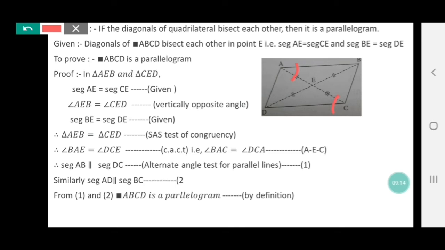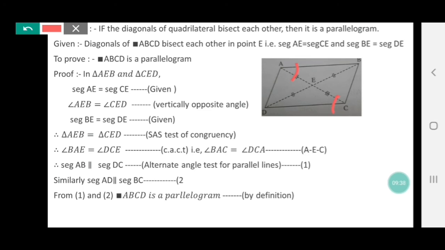From here, we come to the conclusion. Now, which angles are they forming? They are forming alternate angles by the lines AB and DC, where AC is the transversal. We come to the conclusion that AB is parallel to DC, by the alternate angle test for parallel lines.